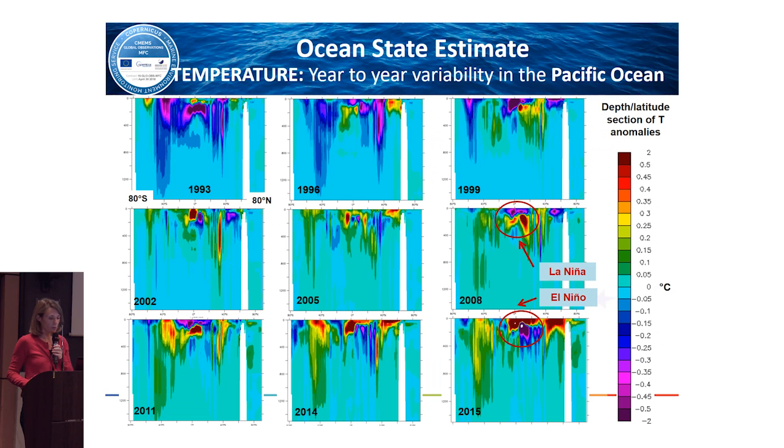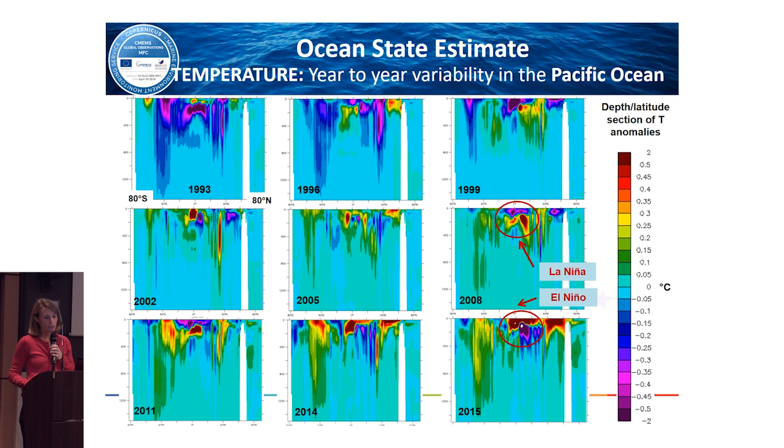And if we have a better look at what is going on in the Pacific Ocean, here you have again the depth latitude section of temperature anomaly for different years, starting in 1993 up to 2015, and we can see again the strong warming from year to year in the Southern Ocean.